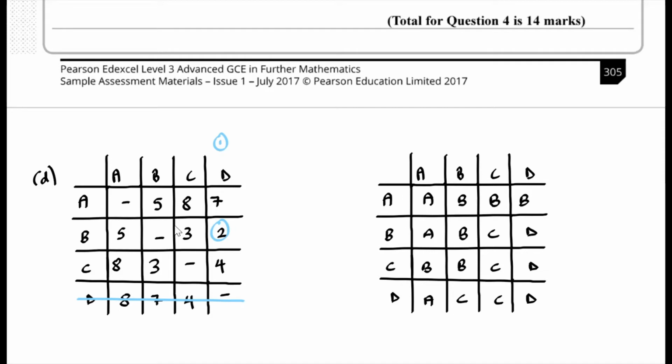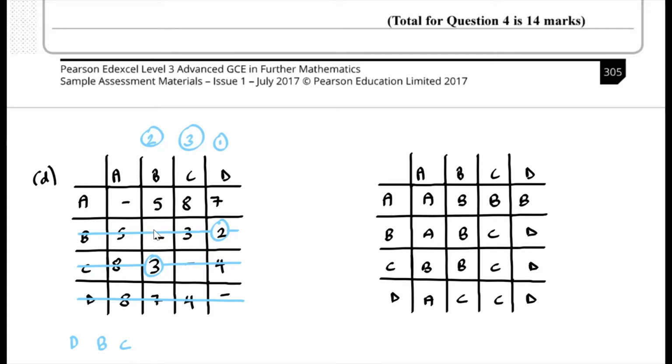So we have D, B. So number 2 corresponds to B. So then we cross out this entire row over here. And then we look down B, the smallest is 3, which corresponds to C. So we put a number 3 over here, and then we cross out C over here.